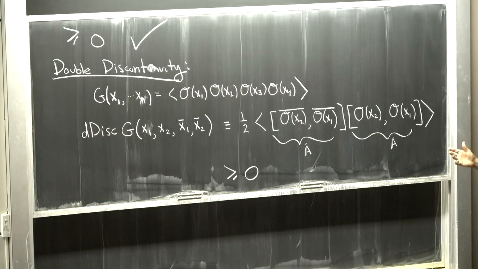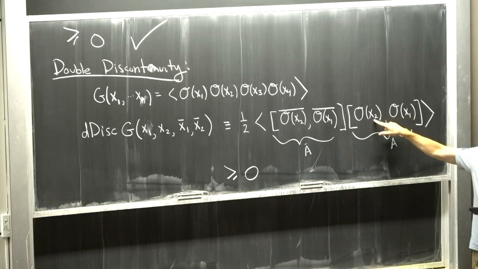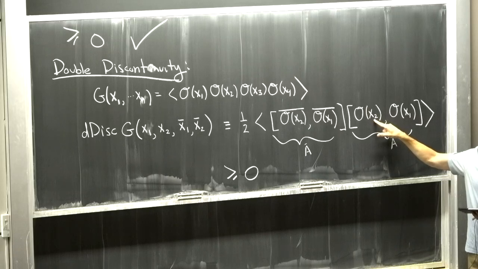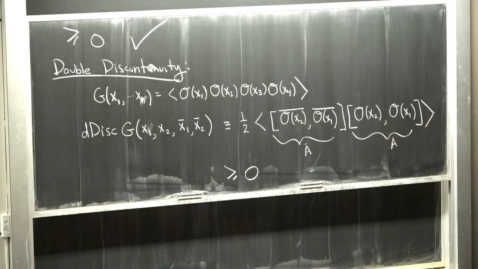Okay, because these are points in Minkowski space, and if you dagger a point in Minkowski space, nothing happens to it. What dagger does is it reflects the imaginary part of time.